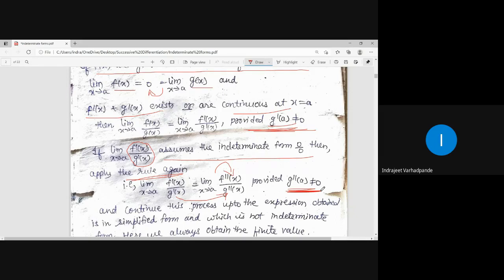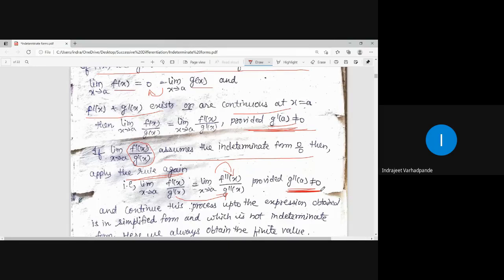So in all cases, the denominator should not be equal to 0. We have to go on calculating the derivative till the denominator becomes non-zero. Once the denominator is non-zero, the indeterminate form is removed and we have obtained the answer. This complete process is feasible only with the help of L'Hospital's rule.